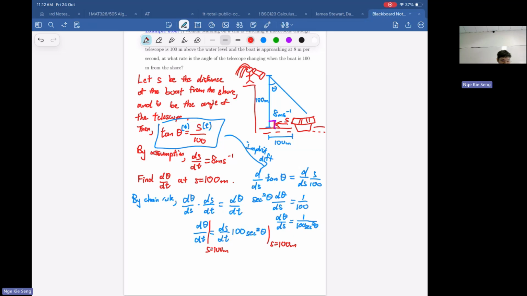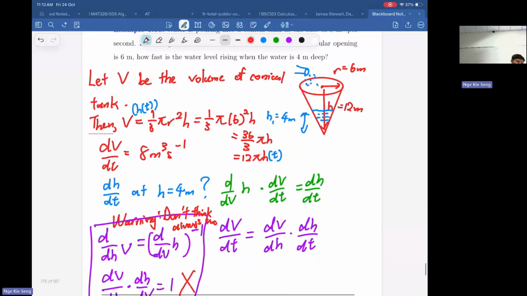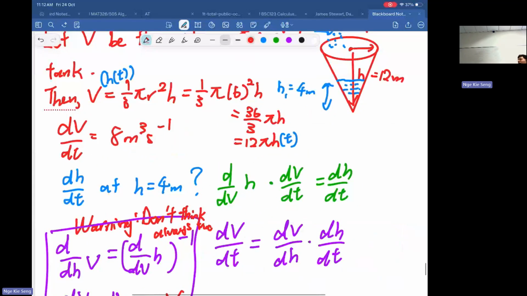Okay, so thanks for the checking by Haorang. So it is not true that we can just substitute r equals 6 here, because this volume changes: when the height is changing and the water is increasing, the radius is also increasing.